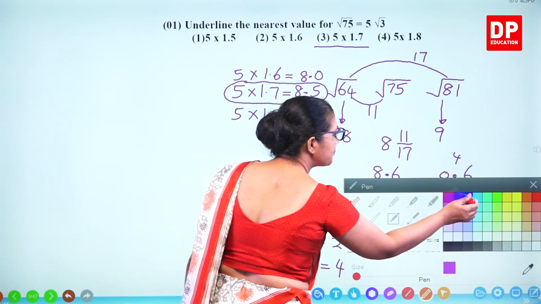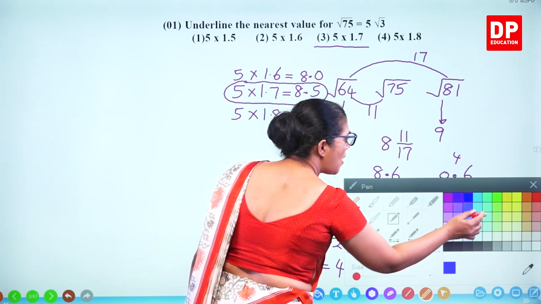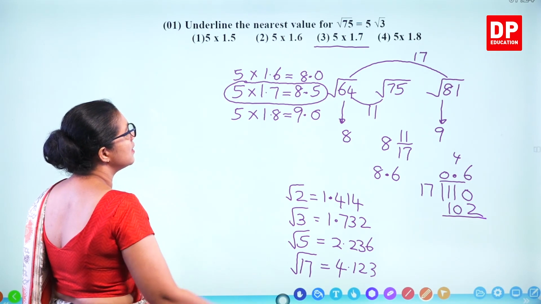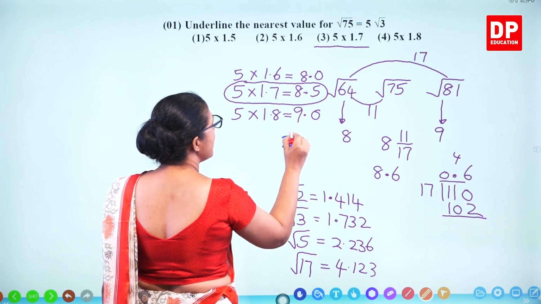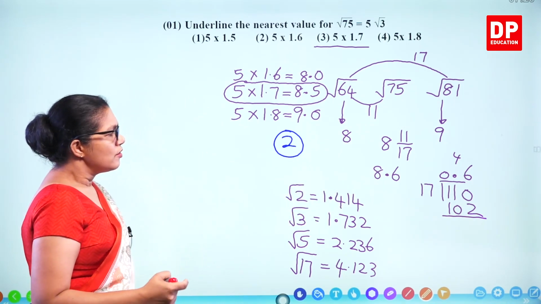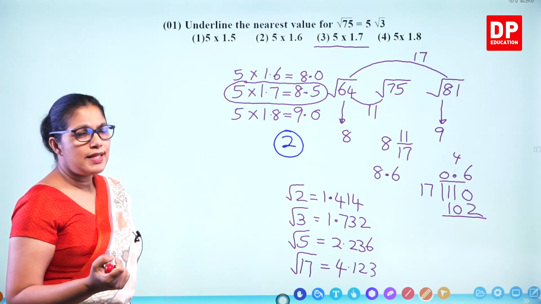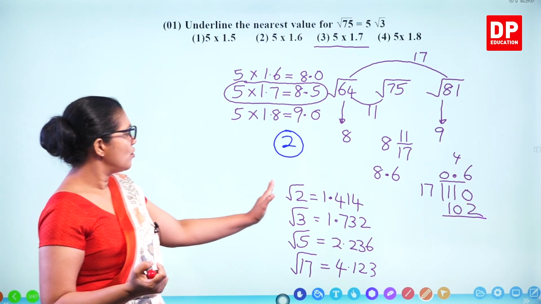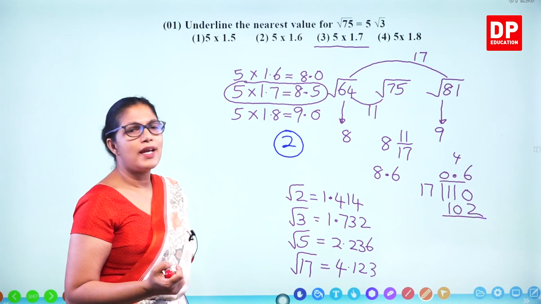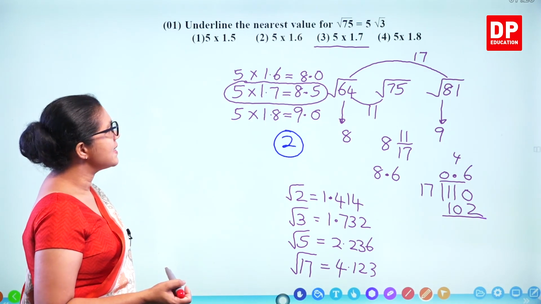And we can give marks now. 2 marks for the whole question, for identifying this value. Within 2 minutes you have to do this. Try to do it with the shortest method. If you can remember straight away, you get 5 into 1.7.